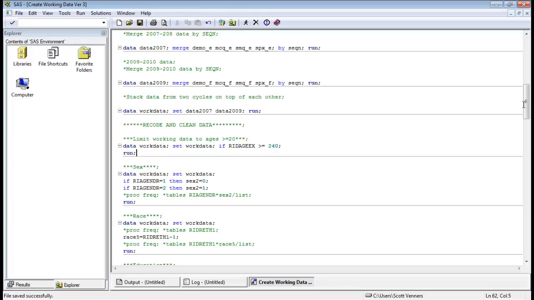But now we're not going to limit the data set in the way that we've already done. You can see here, this is where I limited the data set to those aged 20 or over. RIDAGEEX is a variable, the age in months, so 240 months is equal to 20 years old. I limited my working data to those aged 20 or over here. The first thing that I'm going to do is get rid of this code, because we're actually not going to do it this way.